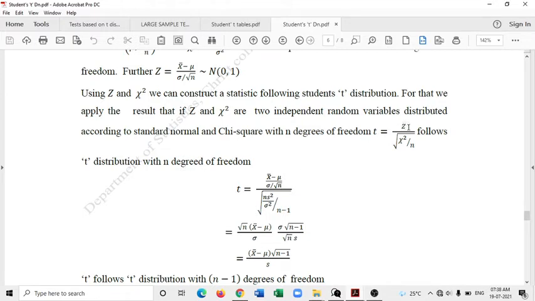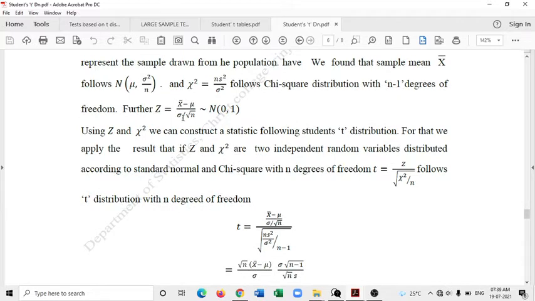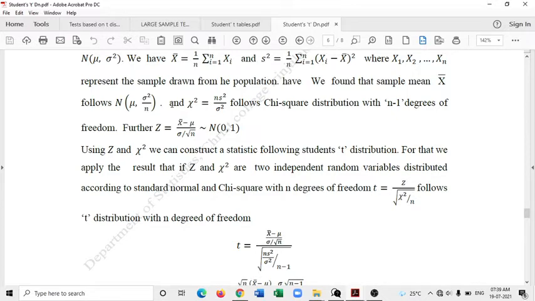Here the numerator z is taken as x bar minus mu divided by sigma by root n, which follows N(0,1), that is standard normal distribution. That distribution is obtained using the sampling distribution of the mean of a sample taken from a normally distributed population, and that's why we have the sample drawn from a normal population, and the sample mean x bar follows N(mu, sigma square by n).